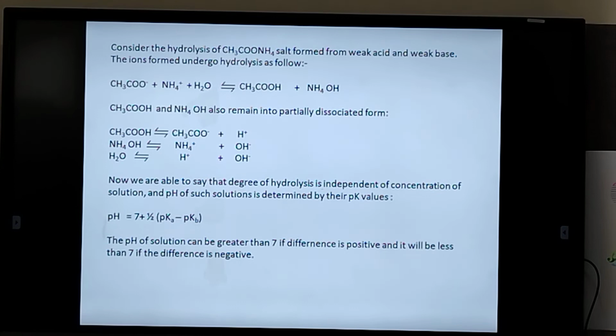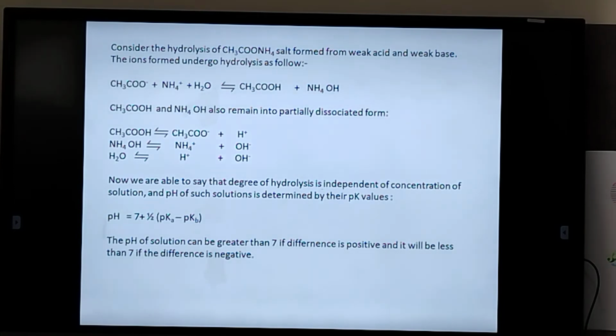Consider the hydrolysis of CH3COONH4, a salt formed from weak acid and weak base. The ions formed undergo hydrolysis as follows: CH3COO negative plus NH4 positive plus H2O gives CH3COOH plus NH4OH. CH3COOH and NH4OH also remain in partially dissociated form.